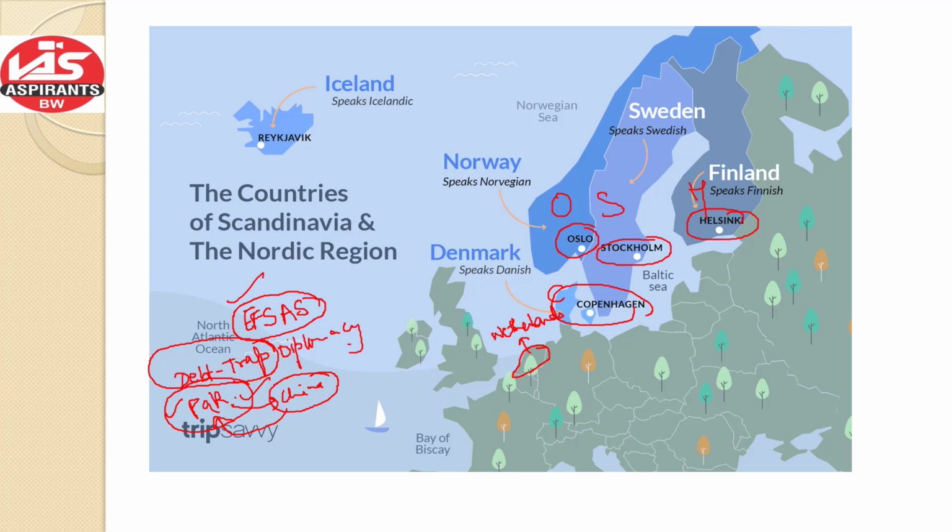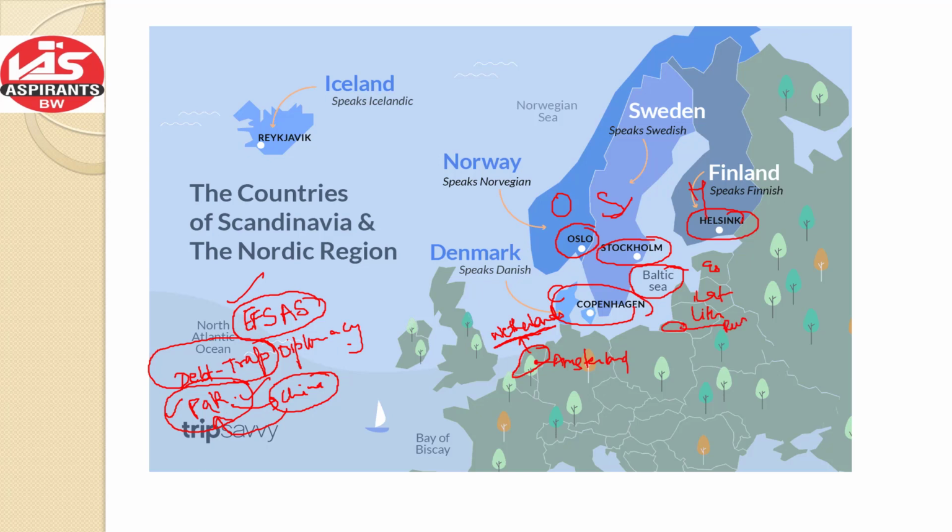which is based in Netherlands, and the capital of Netherlands is Amsterdam. Okay, so remember, the capital of the Netherlands is Amsterdam. Apart from that, see here, this is the Baltic Sea. What are all the countries surrounding it? You can see here Sweden, Finland. This is Estonia, Latvia, Lithuania, and this small portion is part of Russia.